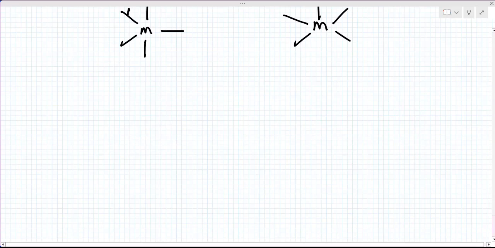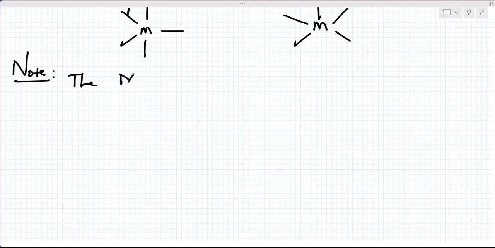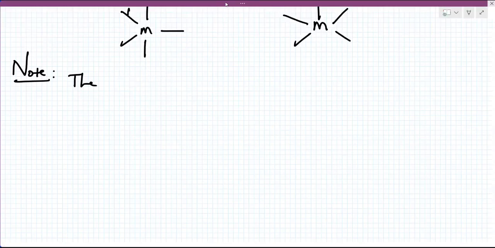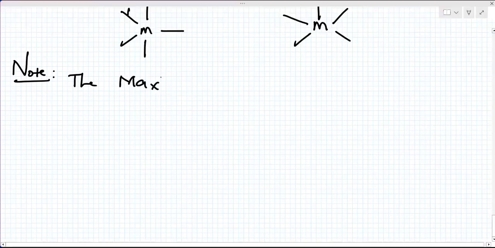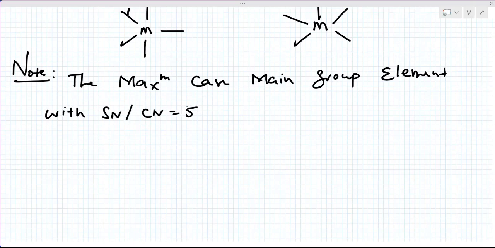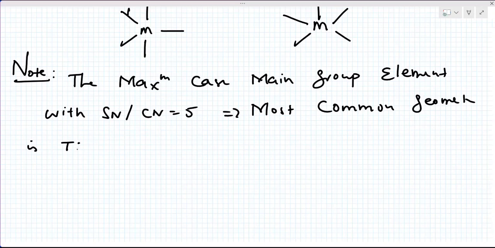Please note, most common: in the maximum number of compounds, the main group elements with steric number or coordination number 5, the most common geometry is trigonal bipyramidal.